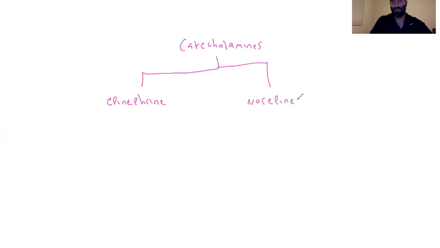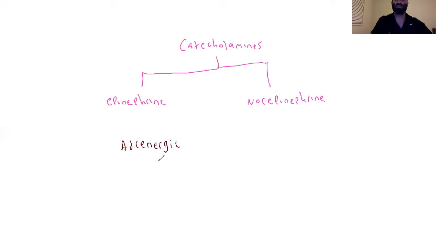So catecholamines. We have epinephrine, as I said. And we have norepinephrine. And these bind with a class of receptor called adrenergic receptors. There's 4 isoforms that we talk about.